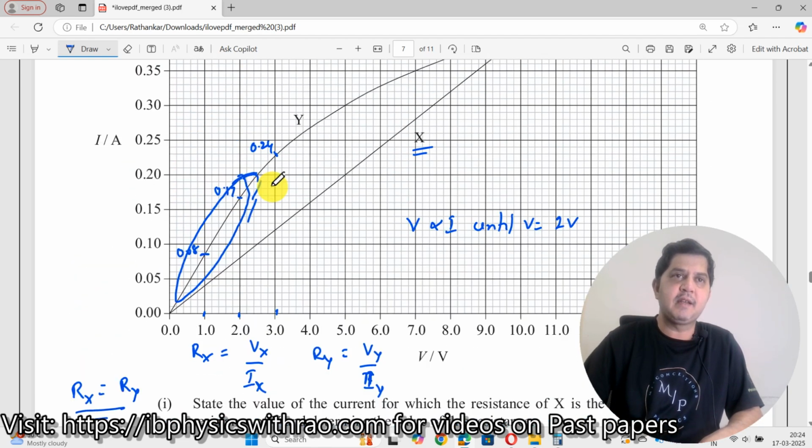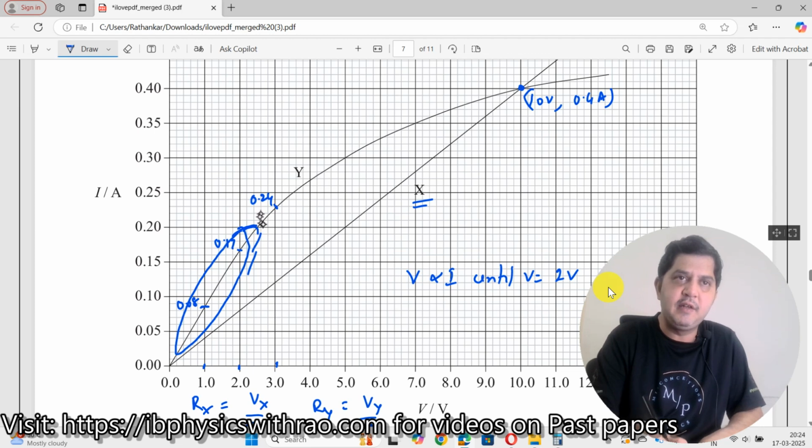Then the second part, if you look at this here, what's happening over here? There's a non-linearity observed. For every 1 volt rise in voltage here, look at the current. Current is not increasing so much. For an increase of 1 volt, what is the increase in current?